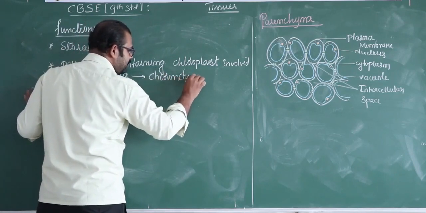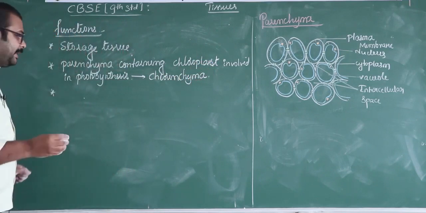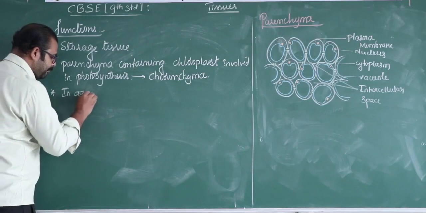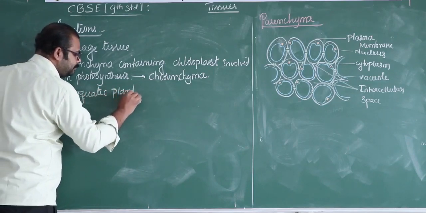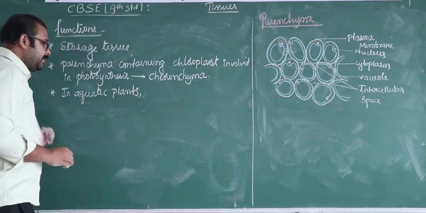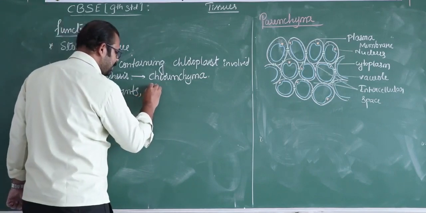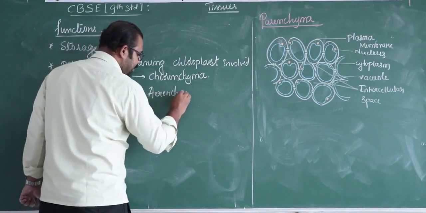This is called chlorenchyma. Then in aquatic plants, parenchyma having spaces are called aerenchyma.